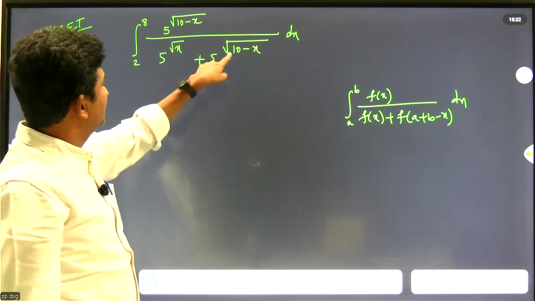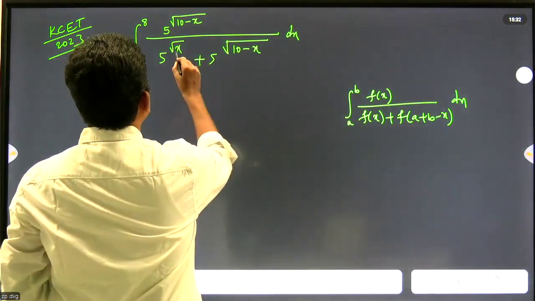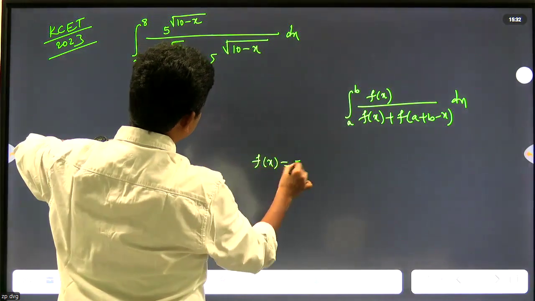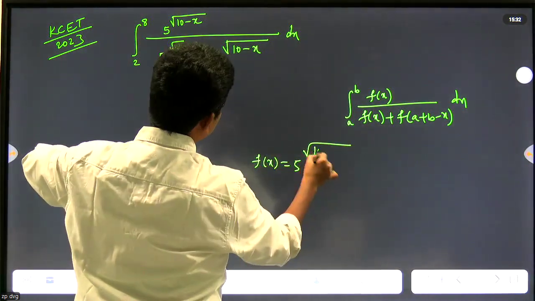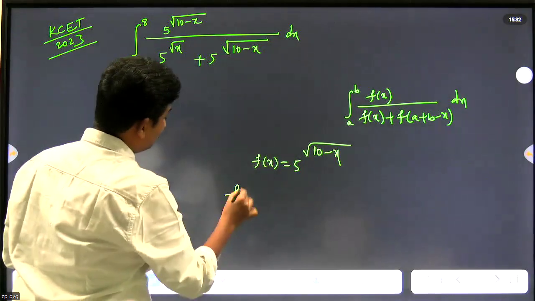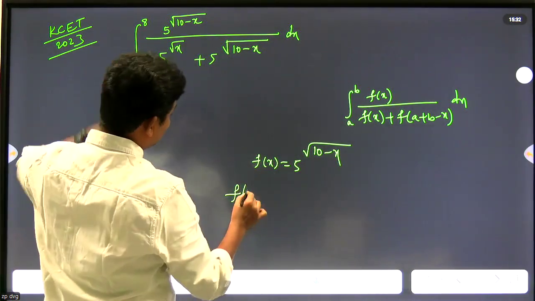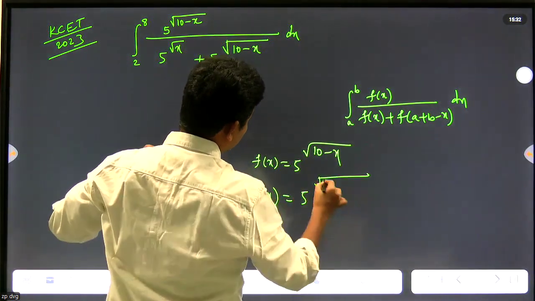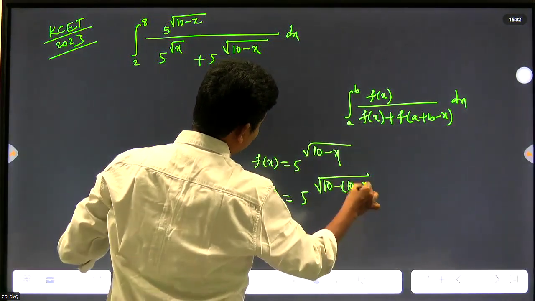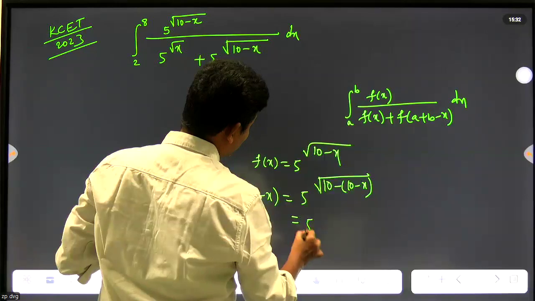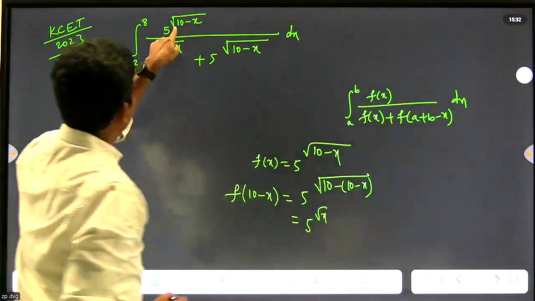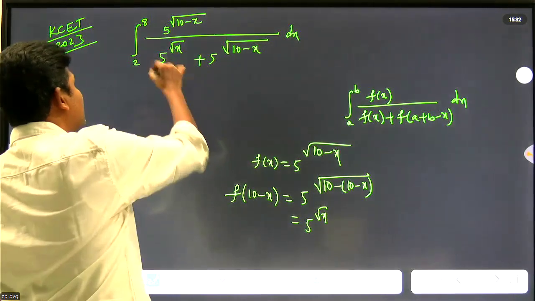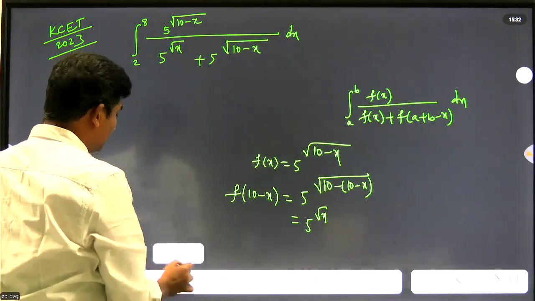F of a plus b minus x: a plus b is 10, so in place of x, you write 10 minus x. You see, this 10 and 10 will get cancelled. 5 power root x. F of x divided by f of x plus f of a plus b minus x. I hope you understand this, right?